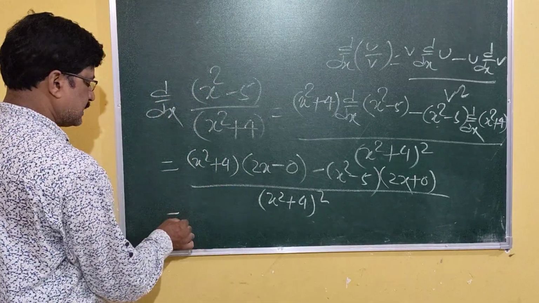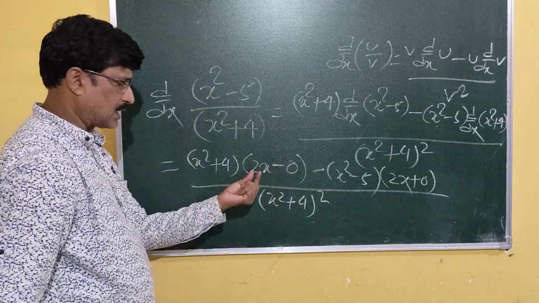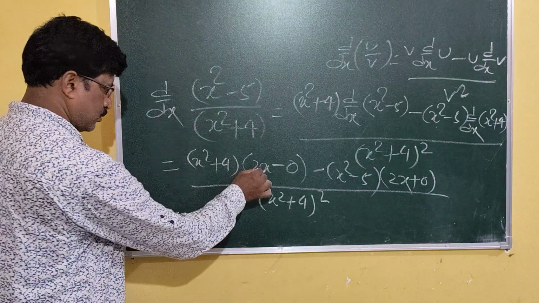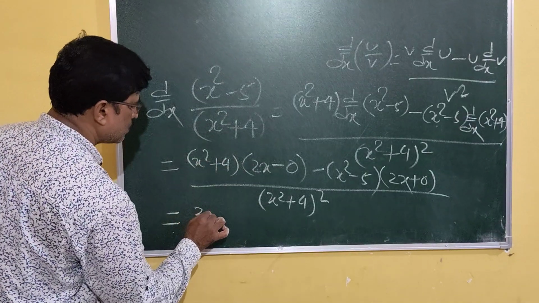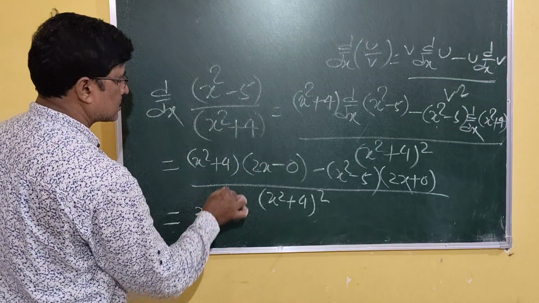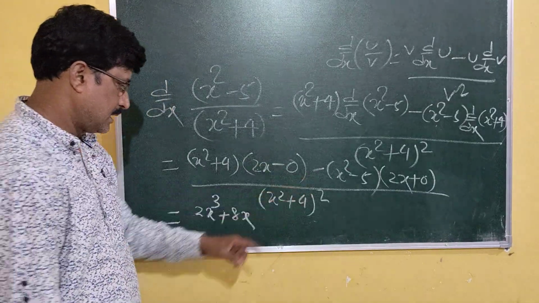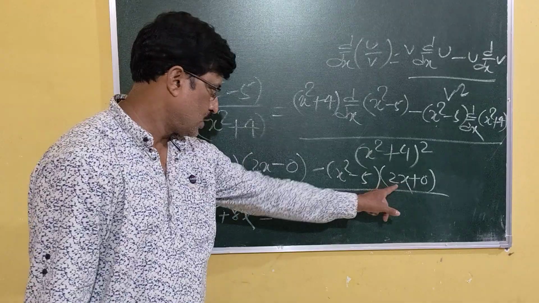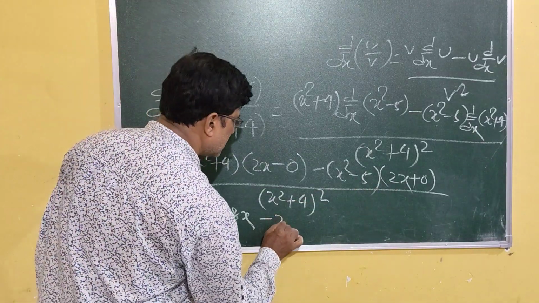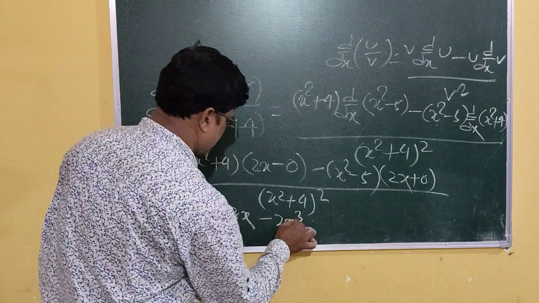You have to write the terms here: 2x minus 0, that means 2x. We have to multiply this. 2x into x square is 2x cube, plus 4 into 2x, that is 8x. Now minus 2x into x square, that is 2x cube.